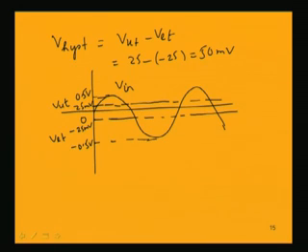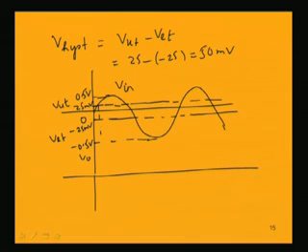So, if we plot the output voltage V naught, it will be obtained by comparing with this upper threshold and lower threshold.